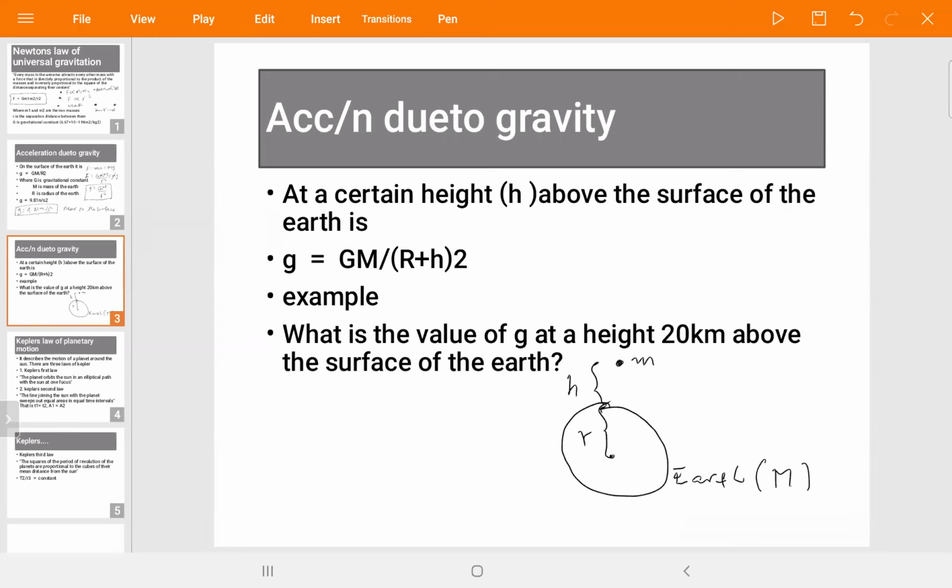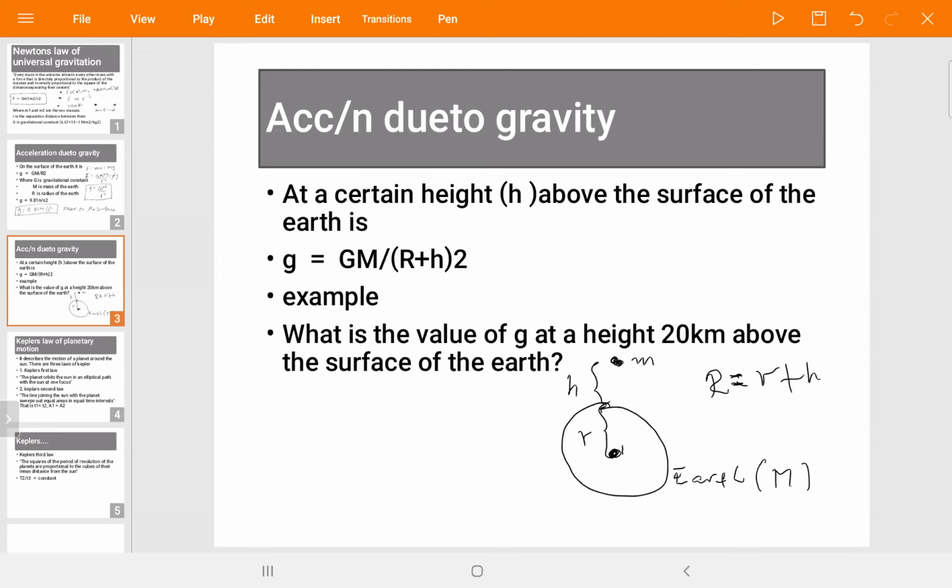Therefore, the total separation distance from the center of the Earth up to the place where the object is placed will be r equals small r plus h. Then our separation distance is the radius of the Earth plus a certain height h.